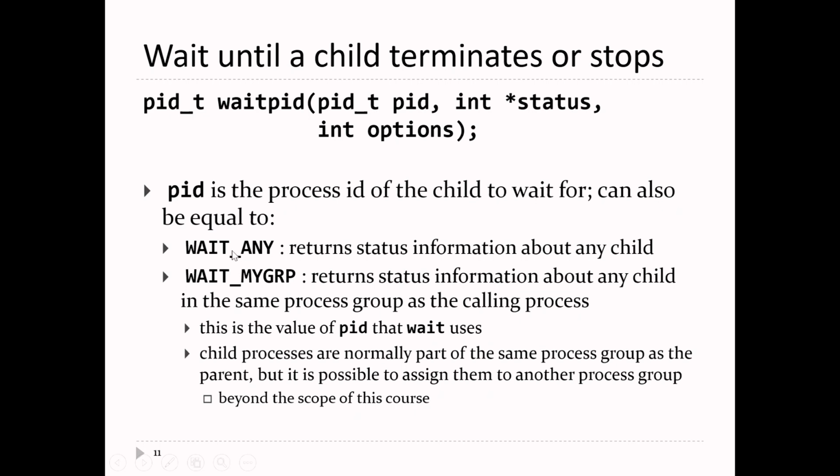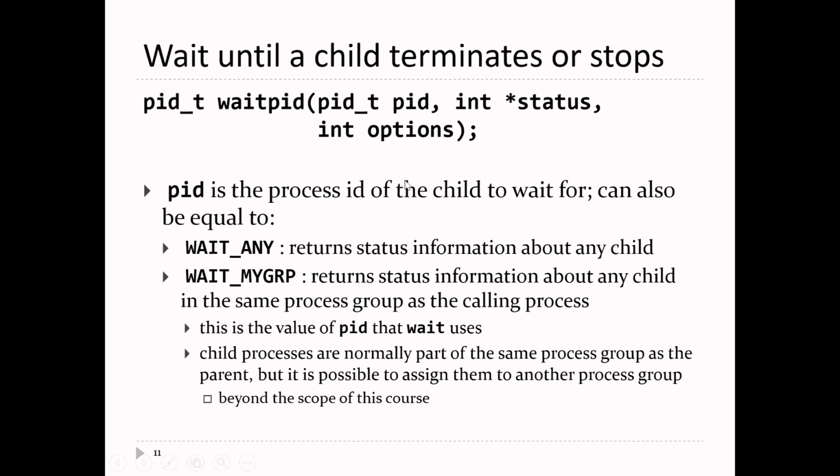You can pass in wait any to wait for any child, and then you can pass in this other option here, wait my group, which returns information about any child process in the same group as the calling process. The calling process is the parent process. Again, exactly what's in a group is beyond the scope of this course.